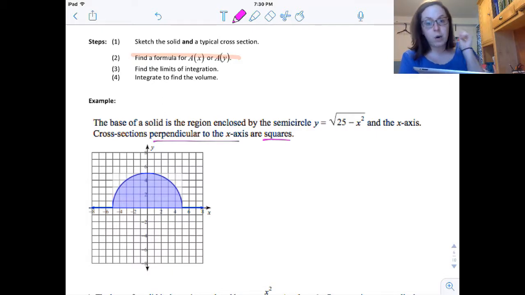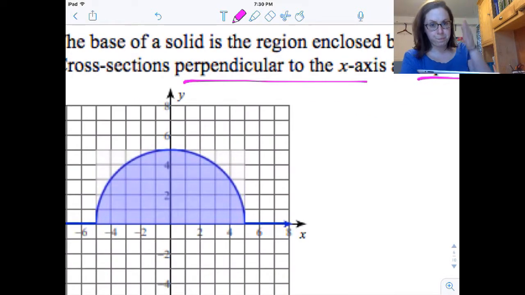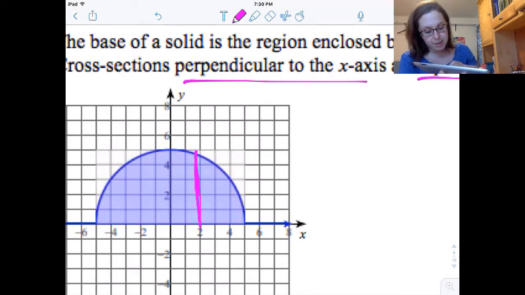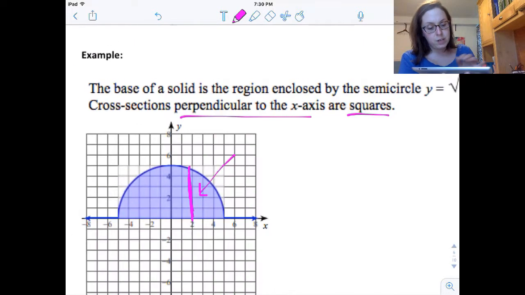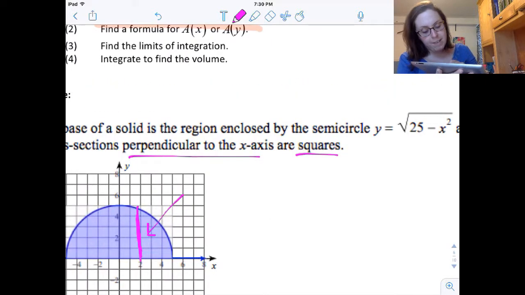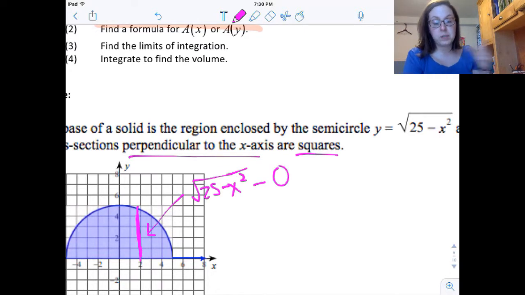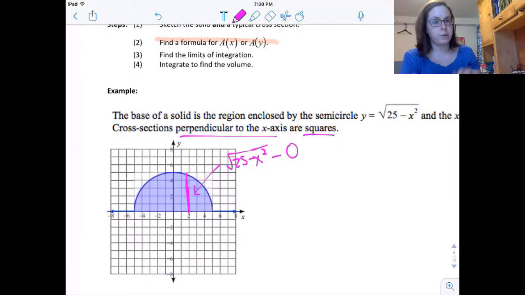Perpendicular to the x-axis means they're coming down like this. So think about that distance. This distance is the change in y values. So I'm going to do the top y value, which is the square root of 25 minus x squared, minus the bottom y value, which is 0. So that's what that distance is, just like we did in area.